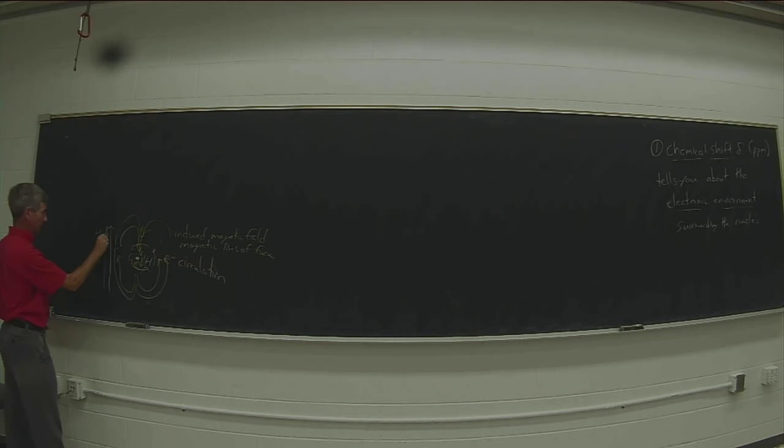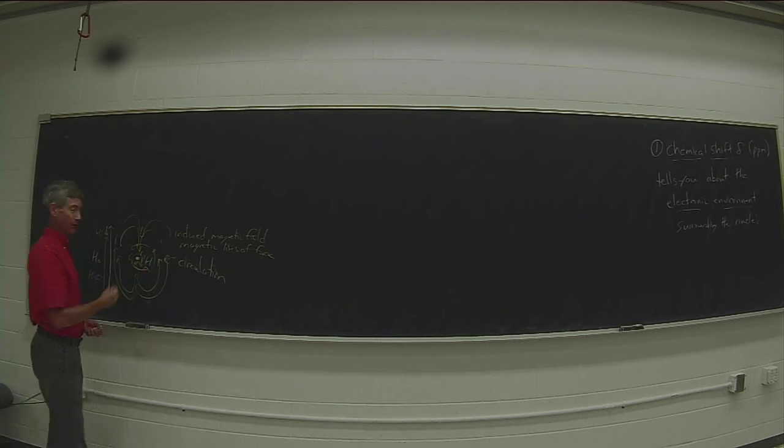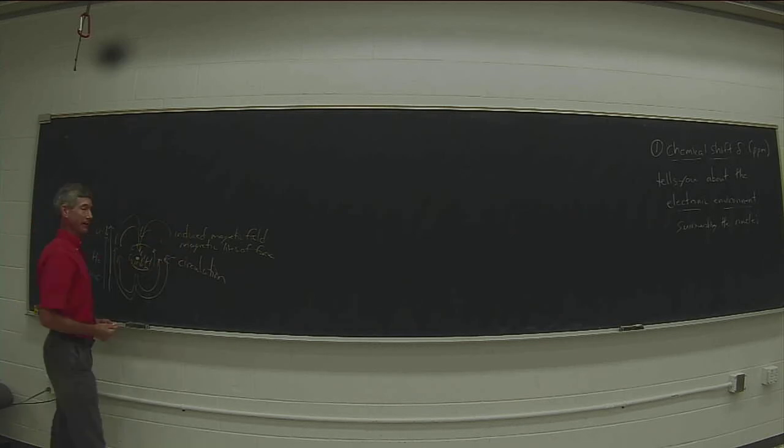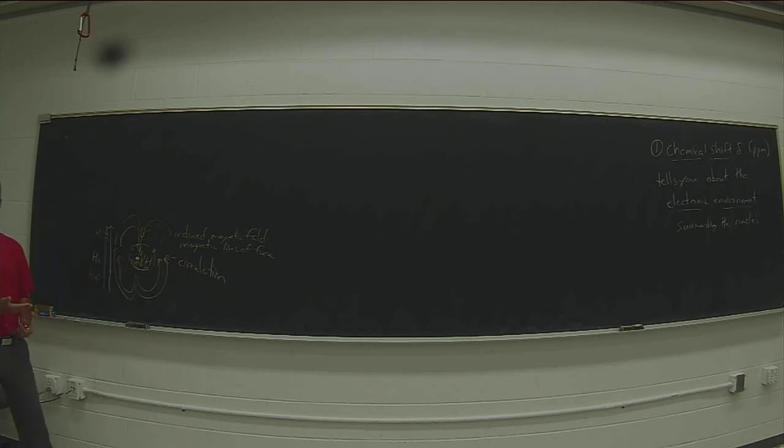So that when we do a vector sum, our effective magnetic field, the field actually felt by the nucleus, is less than the applied field. This causes shielding. The more electron circulation, the stronger the current, the bigger the magnetic lines of force, and you'll have a larger induced field.